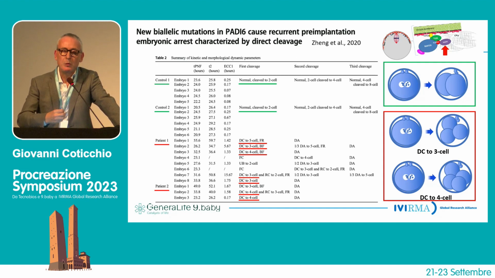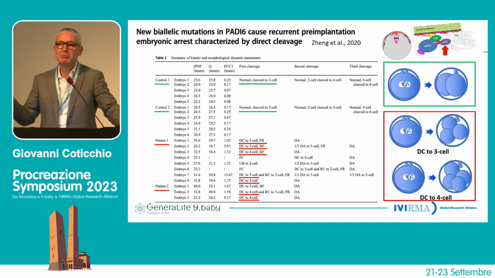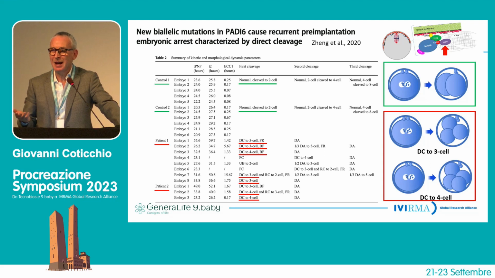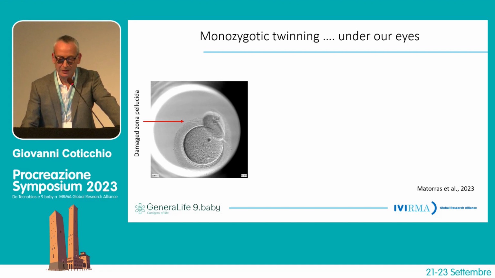Therefore, we can now harness time-lapse microscopy with other disciplines, including genetic screening, to make sense of what we see in the laboratory. Why do early zygotes divide abnormally and give us such arrested embryos? There are many reasons for that, but one of those may be a compromised configuration of so-called maternal effect genes.